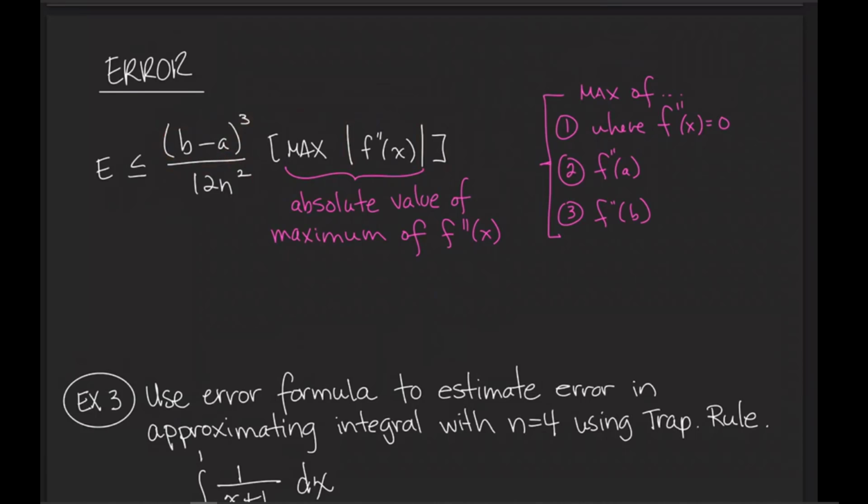To find the maximum of the second derivative, you're going to find where the second derivative is equal to 0. You also want to check the endpoints, and then you're just going to pick the biggest of those three numbers. That's all that means.